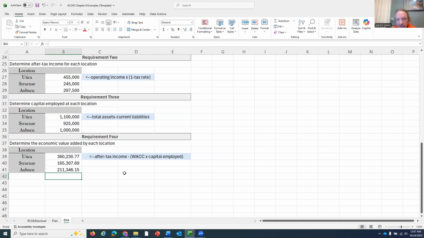And this formula is nice to work with for EVA because things change. There's variable rates that go on, the required rate of return that you have on stockholders' equity or the dividend payout percentage that you have are going to change as the market changes. So you constantly have a formula that you can use to figure out which one of our different components is actually adding value to our company.